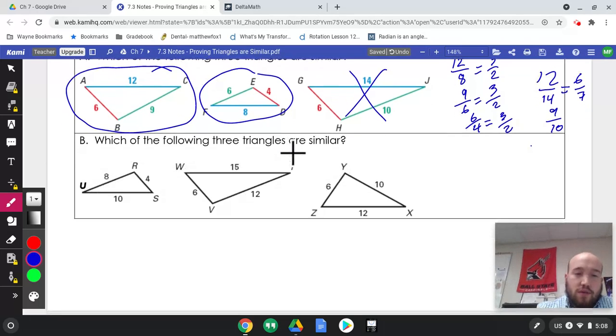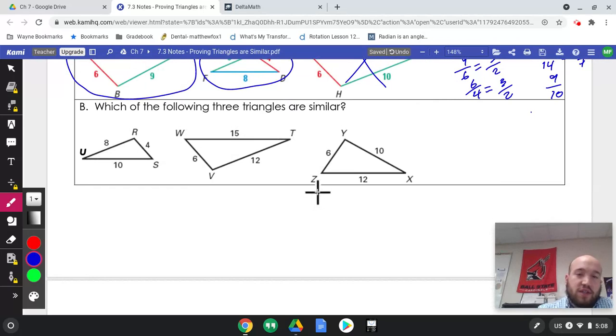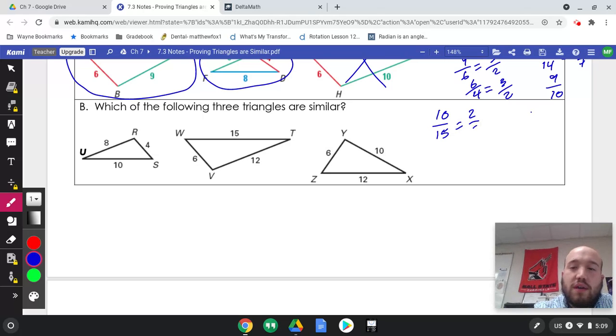So once again, let's look. We can compare the sides that match. This time they're not color-coded, but here's my trick for you. 10 is the longest side, so let's find the longest side of the next one. It has to match with the longest side; that's the only one that would make sense. So we've got 10 and 15, which reduces to 2 over 3.